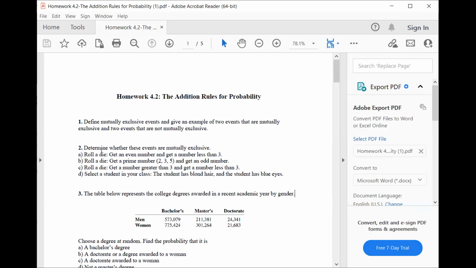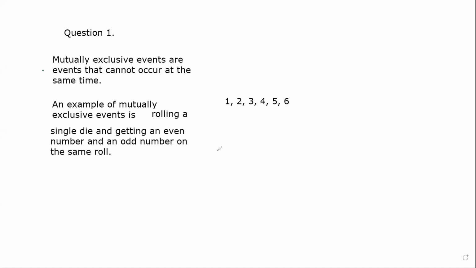Are these mutually exclusive or not? Well, here's how we look at it. If you're not sure what this means, then make the sets.